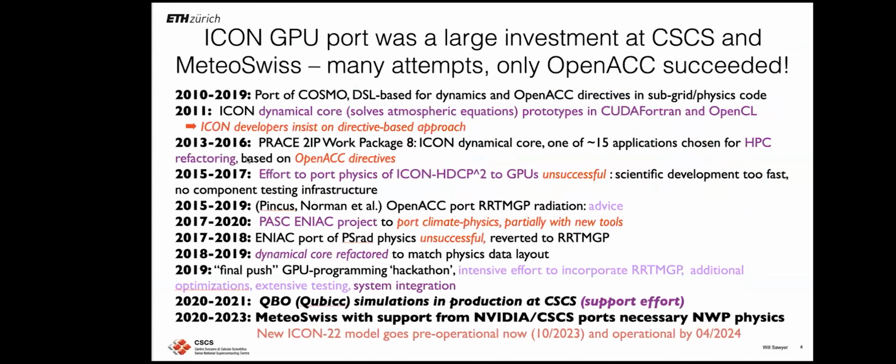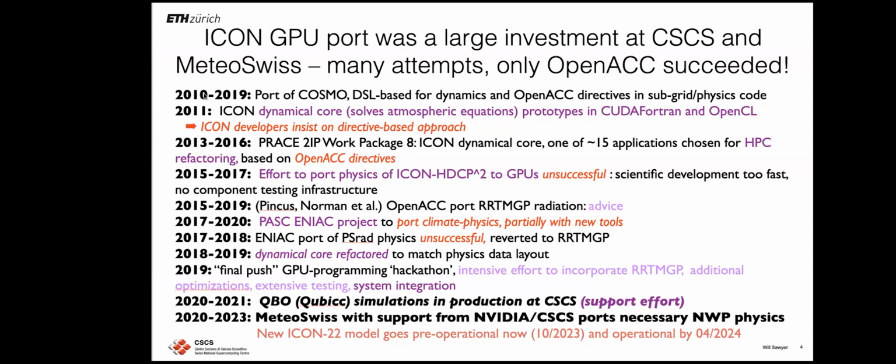The history, and I think this is important for you to get the feeling, what is the effort involved behind this. So the Cosmo model, like I said, we worked on this between 2010 and 19, where most of the porting actually happened in the first 2 or 3 years. And from then on, after about 3 years, it was operational in the user program.